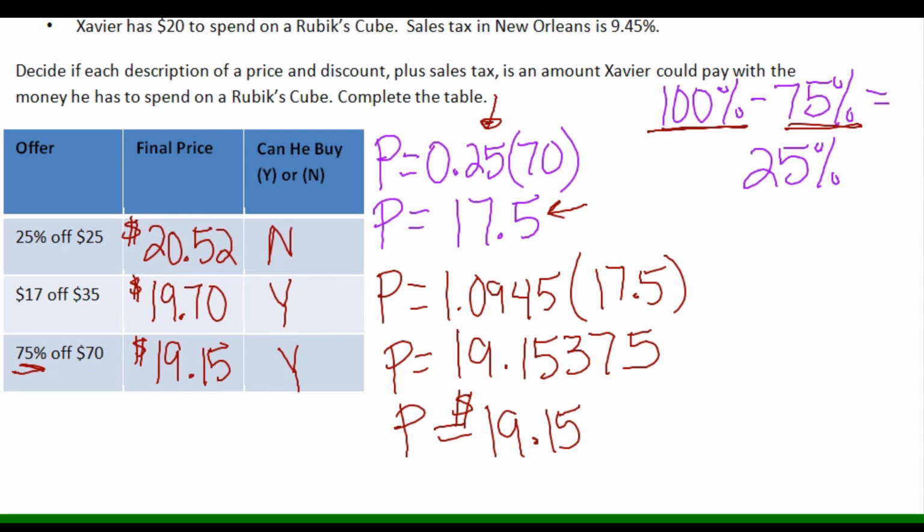Then I had to use my sales tax, and I was able to add the 9.4500% to 100%, which gave me this decimal. Then I multiplied here, this is what I got, and I had to make sure I round to the hundredths place because this is money. So the final price for that Rubik's Cube will be $19.15. And yes, Xavier will be able to purchase that Rubik's Cube.